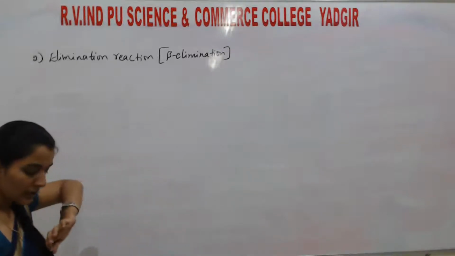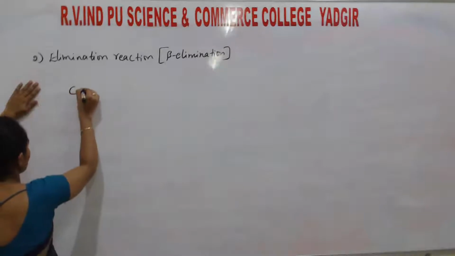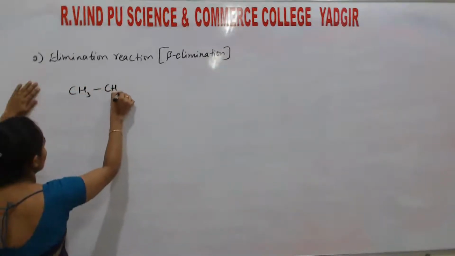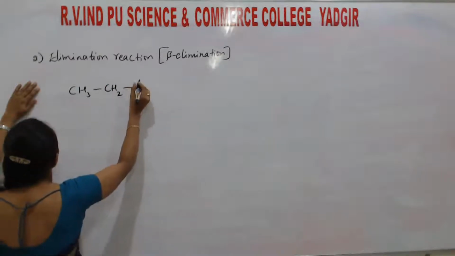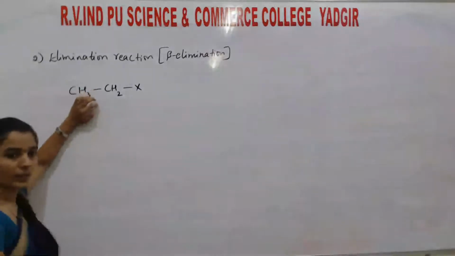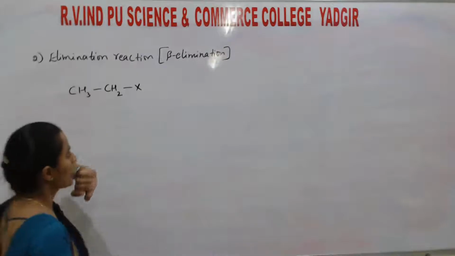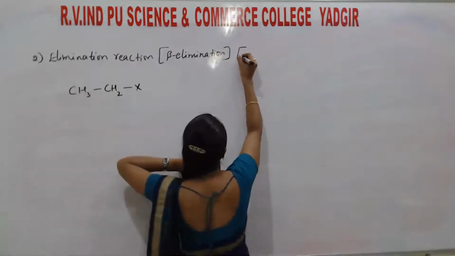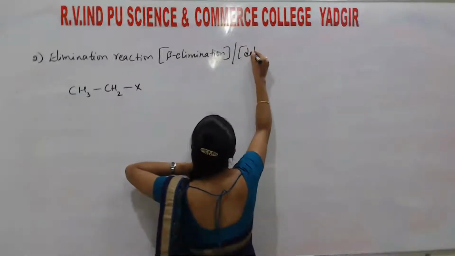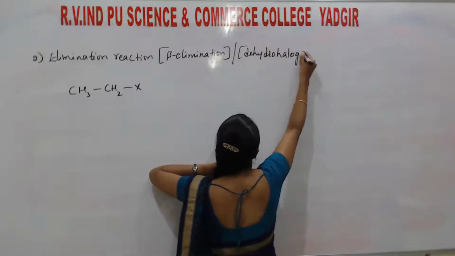Let's see. Listen, I will take the example CH3CH2X. Okay? CH3CH2X. Elimination reaction. It is also called as dehydrohalogenation.